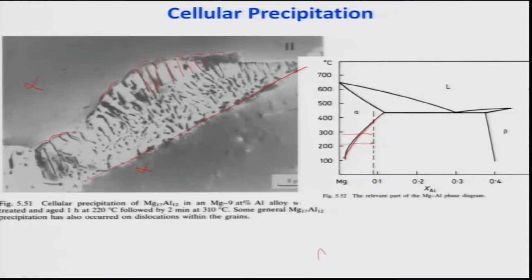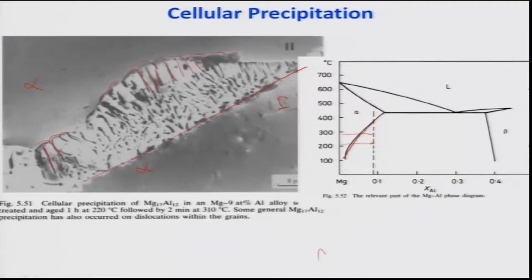As you see, this black thing is basically Mg17Al12, and this one is the solute depleted alpha phase. The boundary has moved from here to here, and the way the boundary has formed, this is grain 1 and grain 2, and obviously with grain 1 the precipitates have coherency, but with grain 2 they have an incoherent interface.